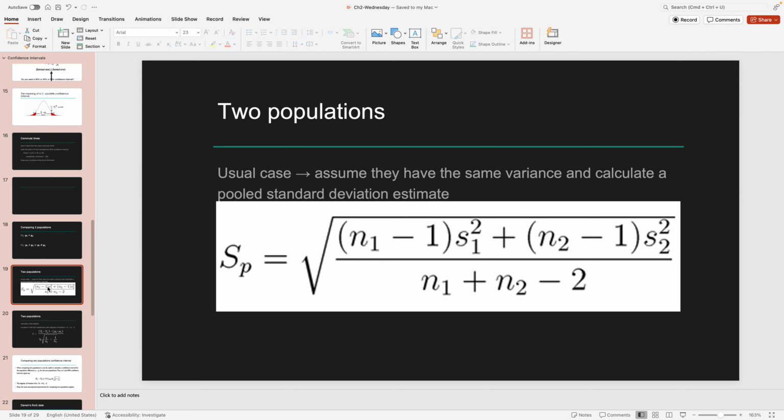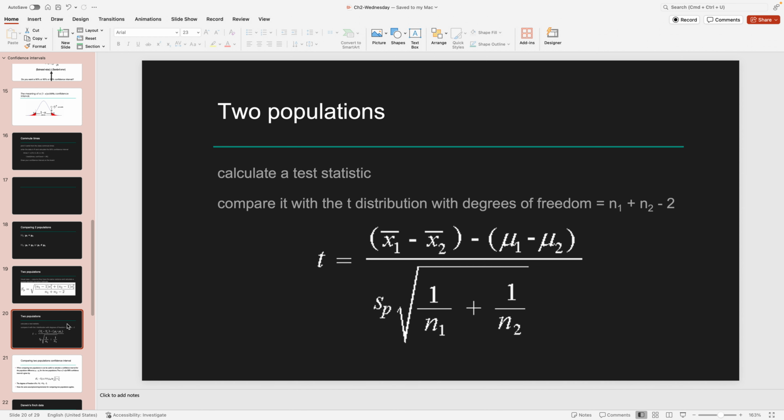Okay, so we would pool the variance to estimate it. If you can pool the variance, you should always do it because it leads to a more powerful test. If you can't, then you should not pool the standard deviation, of course. Okay. If you can pool it, this would be your test statistic.